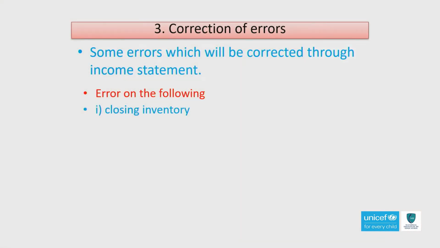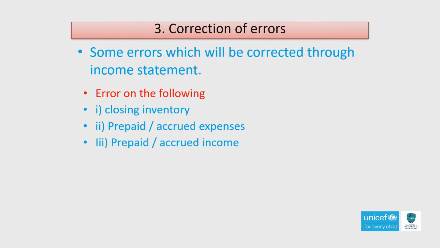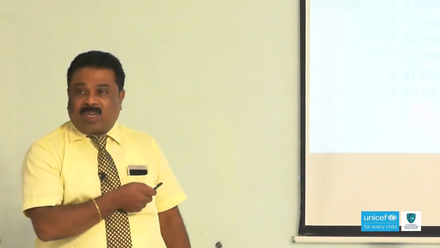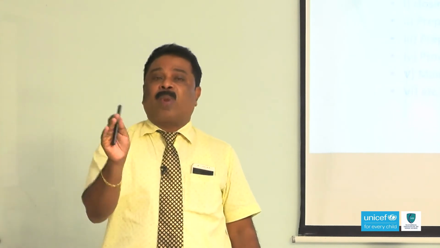If you make an error on closing inventory, let us say closing inventory is understated. It is an asset, so debit the closing inventory. The other account will not be suspense. It should be income statement, not suspense. Closing inventory, like that, prepaid and accrued expenses, prepaid and accrued income, providing depreciation, maintaining provision for doubtful debts, and so on. These are the errors we correct through the income statement, not by writing suspense.